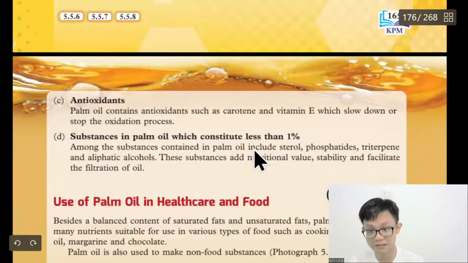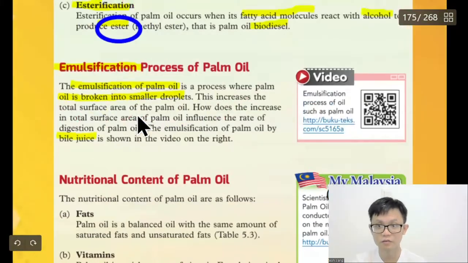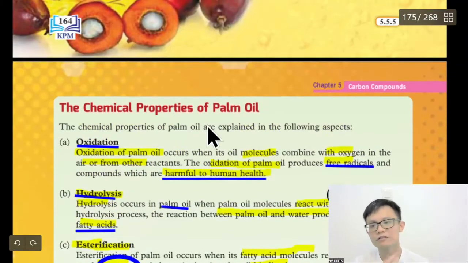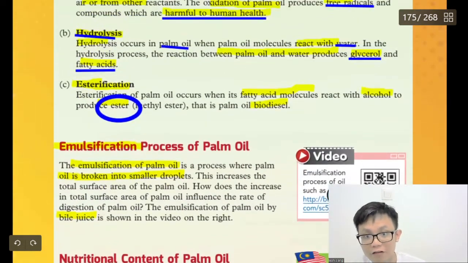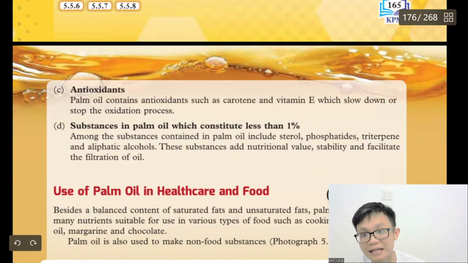But on some point, here got antioxidant. So how to explain this? In the text, the oxidation of palm oil produces free radical compounds which are harmful to human health, like they can cause cancer. Then if we look down here, let's read this one.